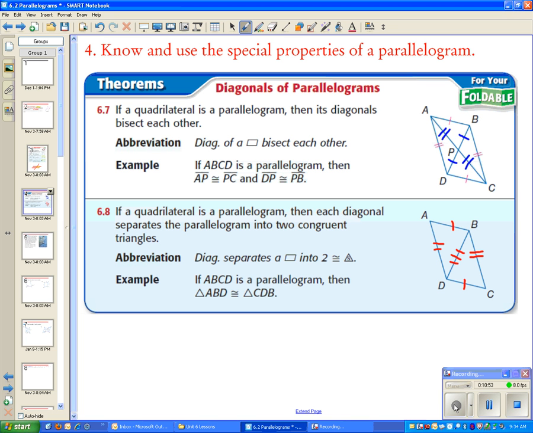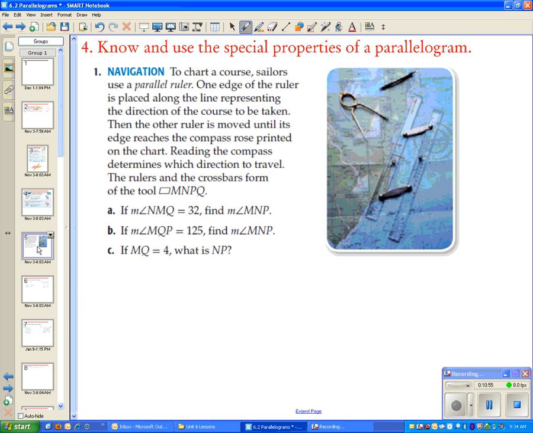All right, let's do a little work. On page 403, get out the paper you're going to do your assignment on, because this is part of your assignment. All right, number one. This is a navigation problem.